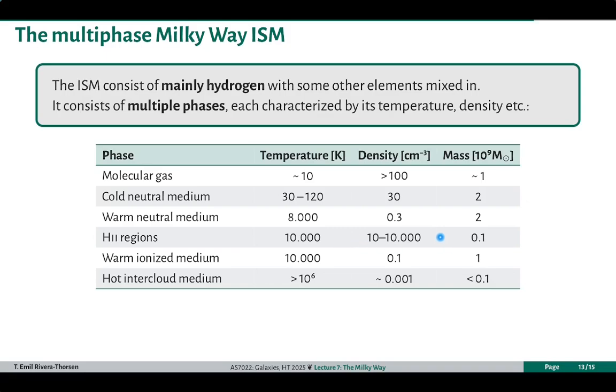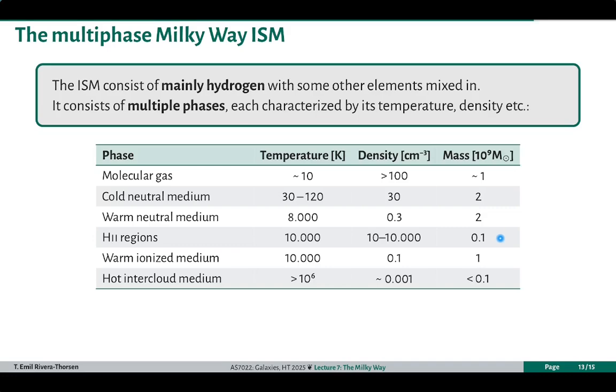They can range all the way from about 10 electrons per cubic centimeter and up to tens of thousands of electrons per cubic centimeter, with typical values lying around a few hundred electrons per cubic centimeter. The total mass of HII regions in the Milky Way is about 10^8 solar masses, so it's relatively modest. On the other hand, when it comes to their luminosity, they are definitely not that modest.